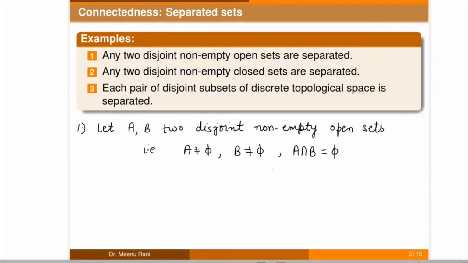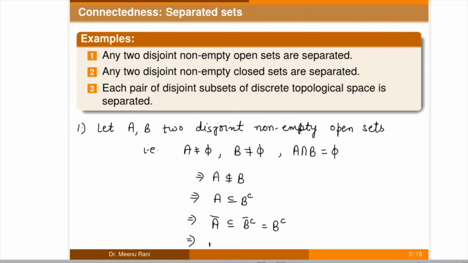So if their intersection is empty, which implies that A is not containing B, which further implies that A is contained in B complement. If A is contained in B complement, then if we take closure both sides, A closure is contained in B complement closure. Now A and B both are open sets, so B complement will be closed and B complement closure will be B complement only, because closure of any closed set is equal to itself.